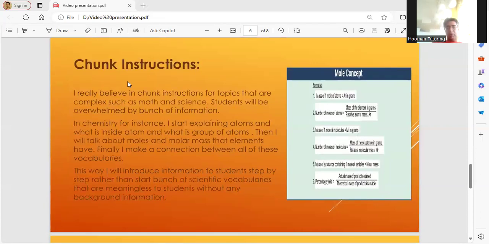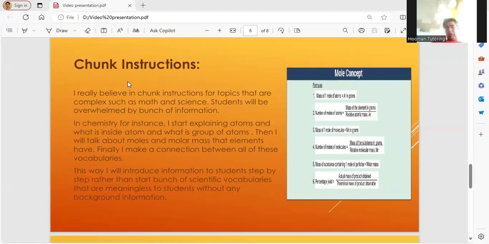Then I will talk about moles and the molar mass that elements have. This way, I will connect the previous topic, atoms, to the next topic in a good order.